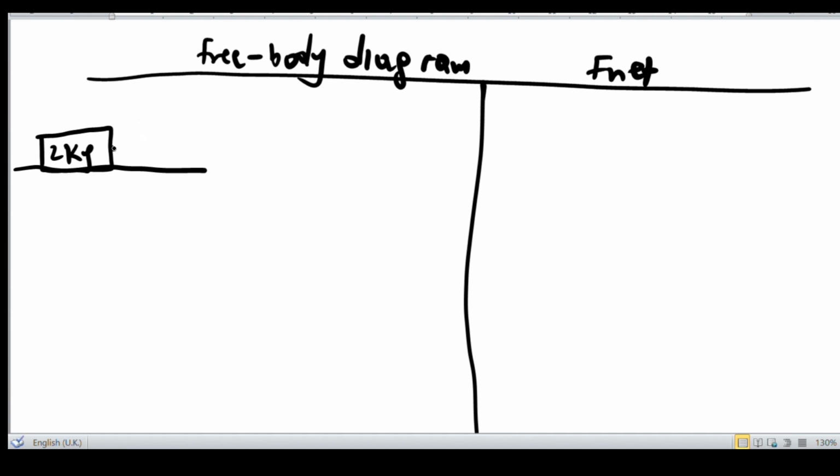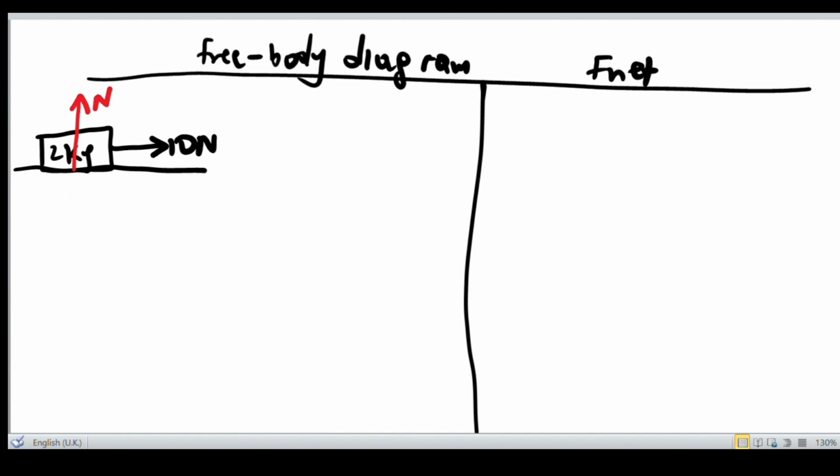So the first thing, there is a force that is applied there, 10 newtons to the right. So when you draw a free body diagram, you have to define every force. So here in this object, there is a surface, and the surface is rough. We have the normal force.